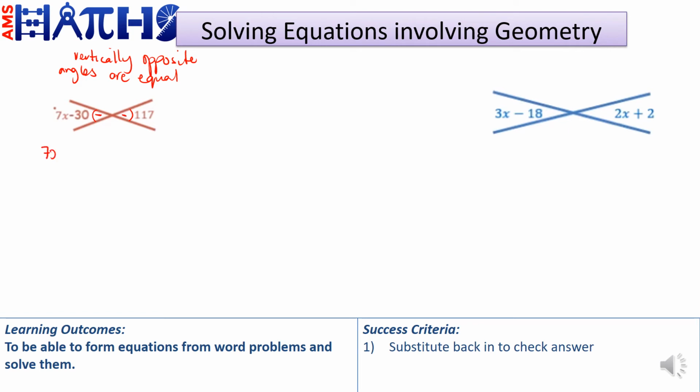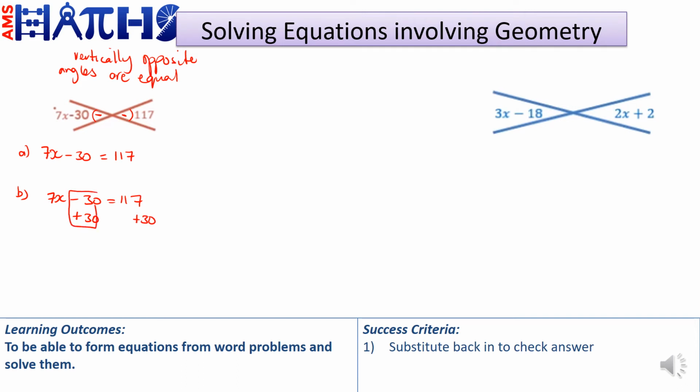So 7x minus 30 is equal to 117. So we have written an equation, and then we can also solve that equation to find out x. So let's write the equation first, and then we can solve it for part B. So we add 30 to both sides.